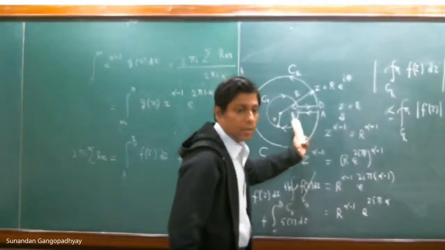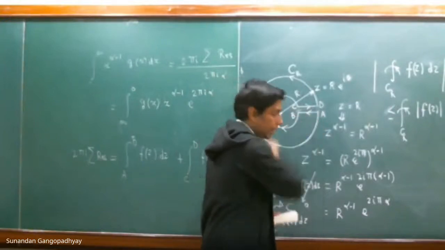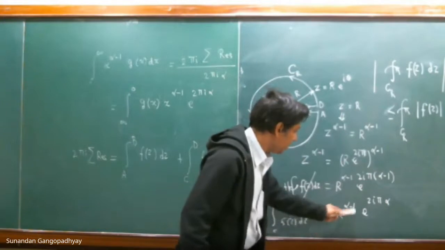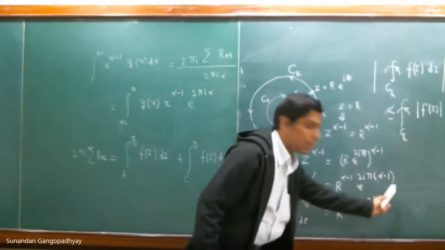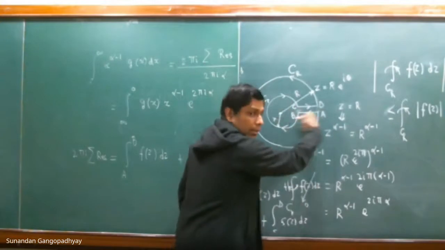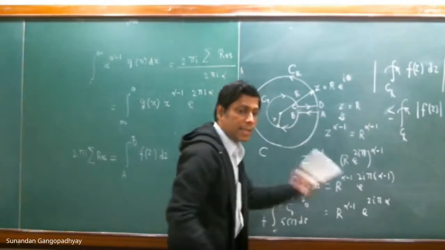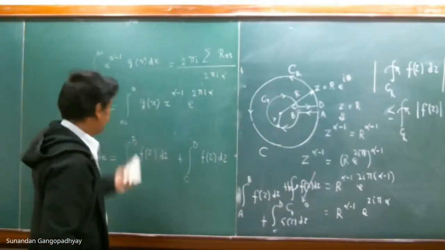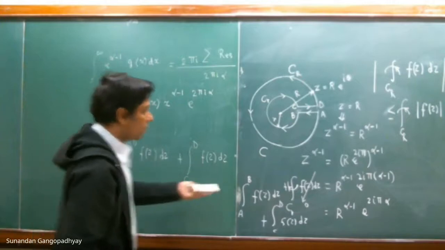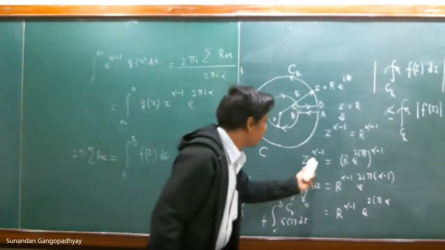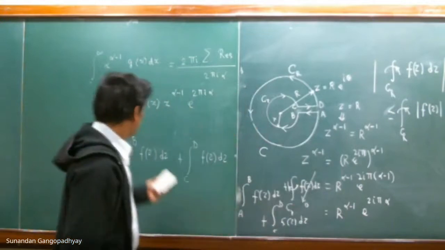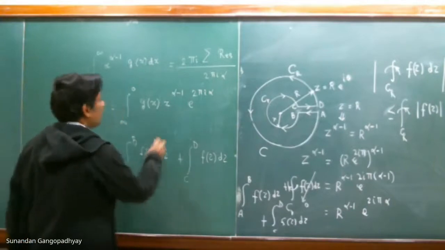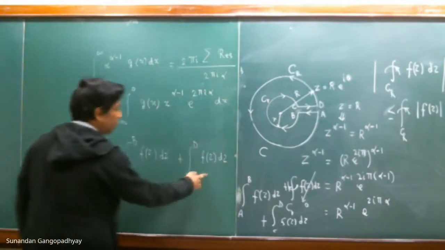Here the value of theta is 2 pi on this line, and therefore z to the power of alpha minus 1 is nothing but this thing into e to the power of this. But along this line x changes. Therefore, it is x to the power of alpha minus 1. You already have g of x, because f of z is nothing but z to the power of alpha minus 1 into g of z. So g of z becomes g of x, and you have this term dx.